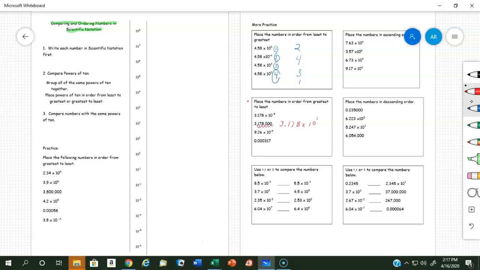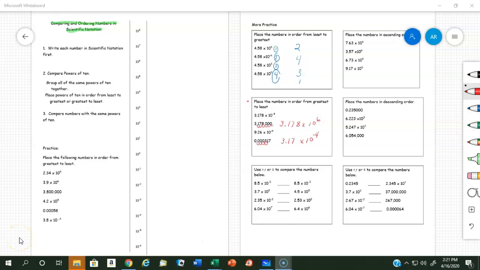This is 10 to the 6th. And then I have to change this one too. This is going to be 3.17. I want the decimal right there, so I go 1, 2, 3, 4, so that gives me times 10 to the negative 4.